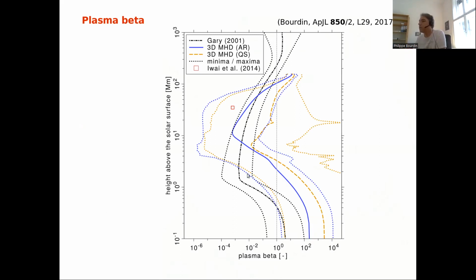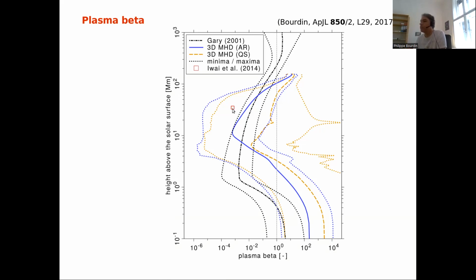This is a magnetic field extrapolation that was stretched to fit some observation in the solar wind or outer corona, at 1,000 megameters distance, and that corresponds only to sunspot magnetic field. Then they have a minimum and maximum estimate here, the dotted black lines.